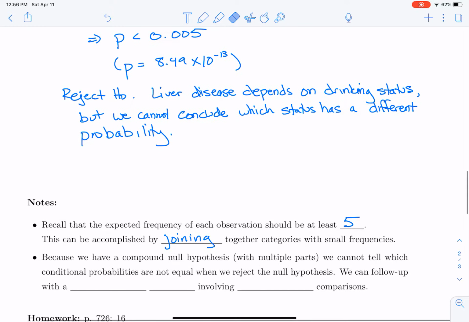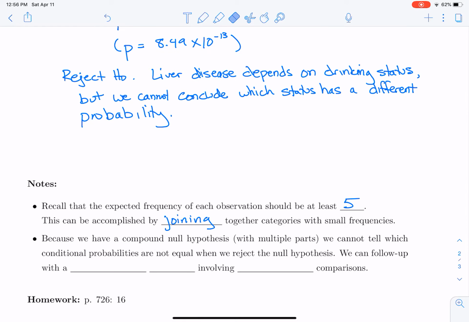Because we have a compound null hypothesis with multiple parts, we cannot tell which conditional probabilities are not equal when we reject the null hypothesis. So we couldn't tell which ones were not equal, but you can follow up with a post hoc test.